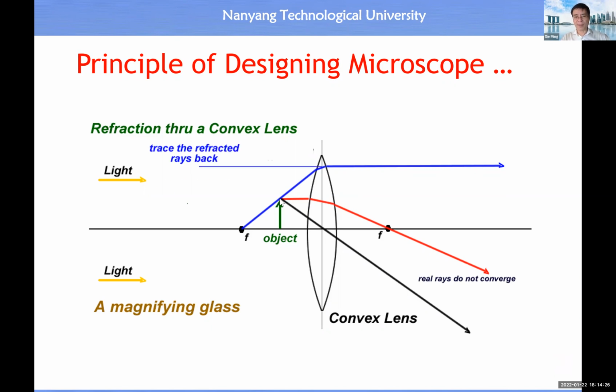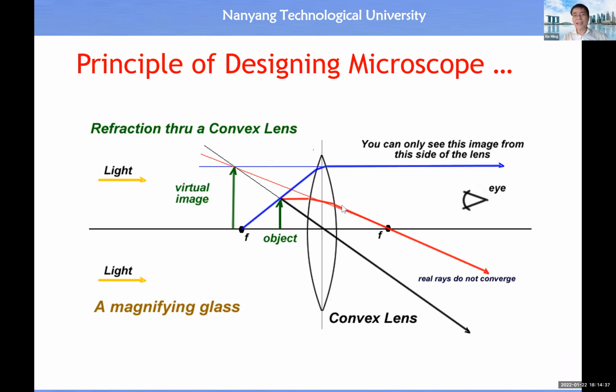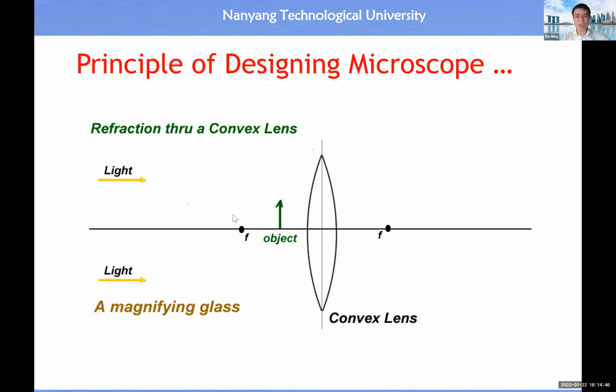So you see this property, when light passes through the center of the lens, it will continue the journey, right? Another property is when you have light coming parallel here, then it will pass through the focal point, if the incoming light is parallel to the optical axis. This is the optical axis. Now you see the virtual image is larger than the object. So this is the working principle of a microscope, right?